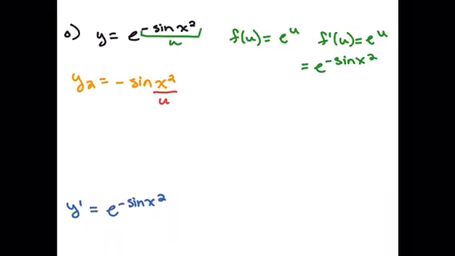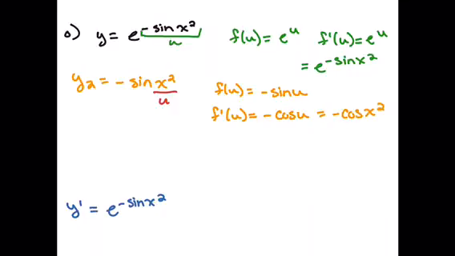And if I write this function in terms of u, I get f of u is negative sine of u, and its derivative would be negative cosine of u, or in terms of x, it would be negative cosine of x squared. So that's the next part of my derivative.